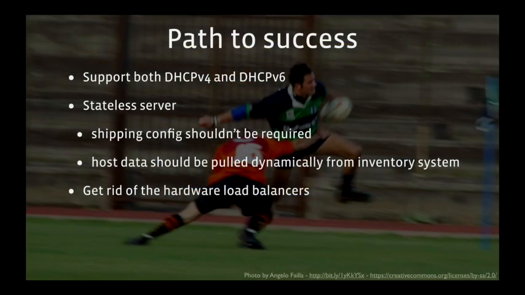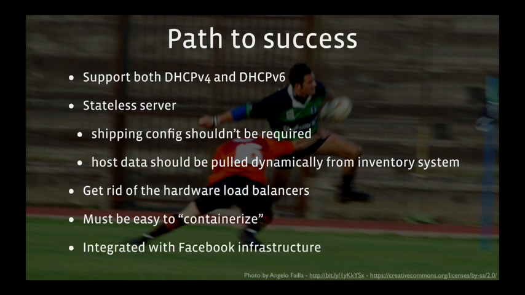We wanted to get rid of the hardware load balancing. At that time, we were in the process of replacing all the hardware load balancers with software load balancers. And we wanted something that was easy to put into our container infrastructure, which is based on Linux containers. So basically, we wanted it to be integrated with the infrastructure.